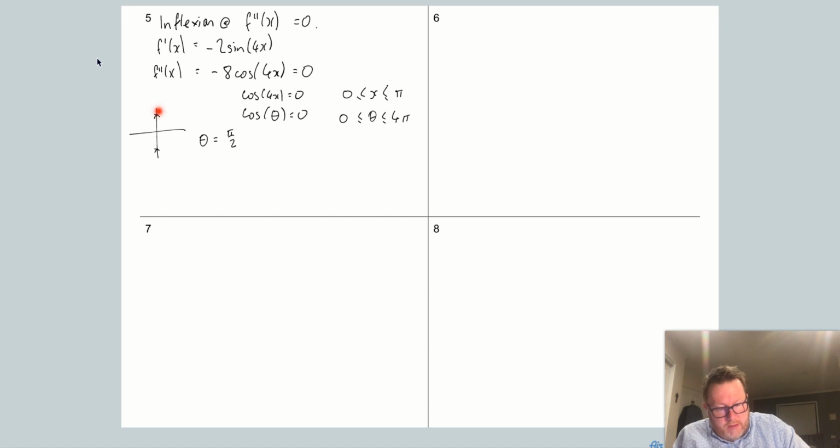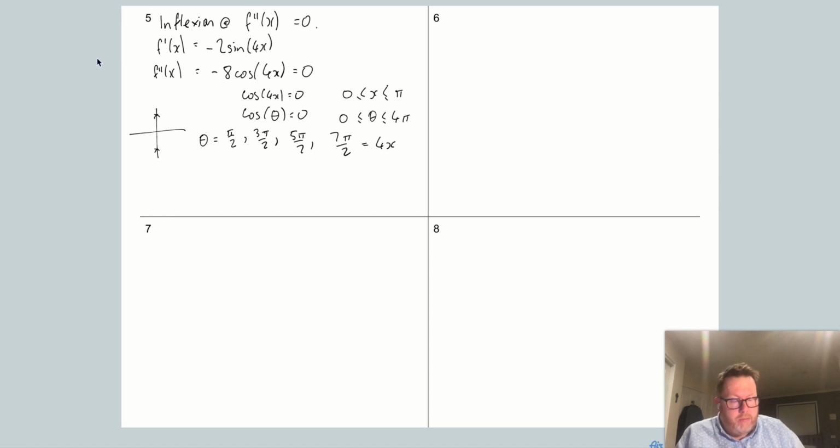That would be this bit, and then another pi later, so 3 pi on 2. And then we'll go around again, and that would be 5 pi on 2. And then lastly, 7 pi on 2. And then that's what 4x is equal to.